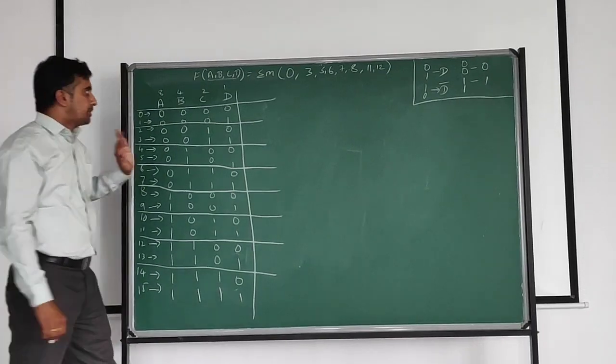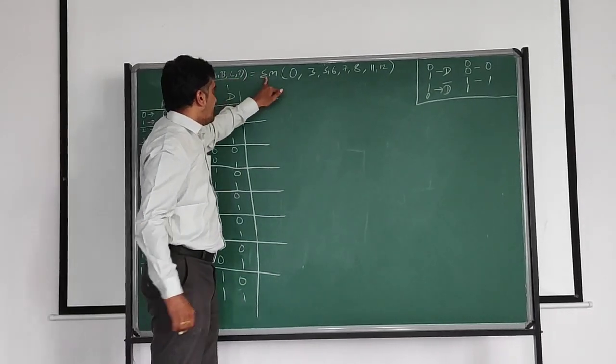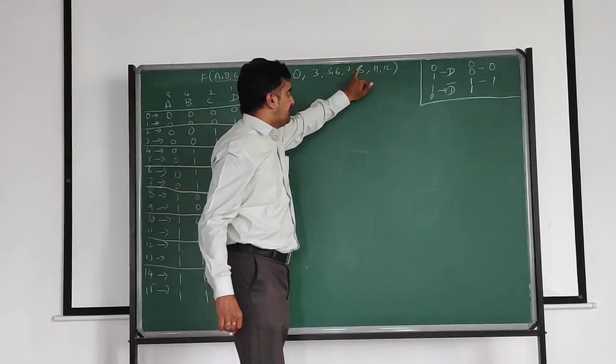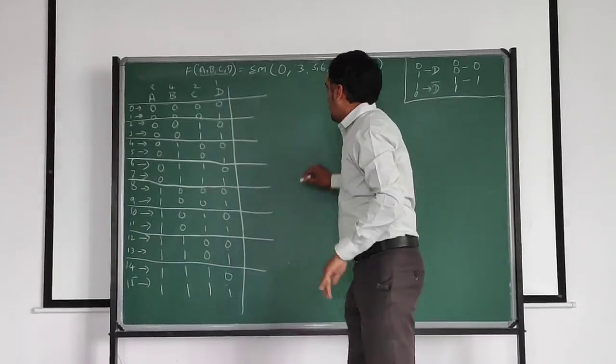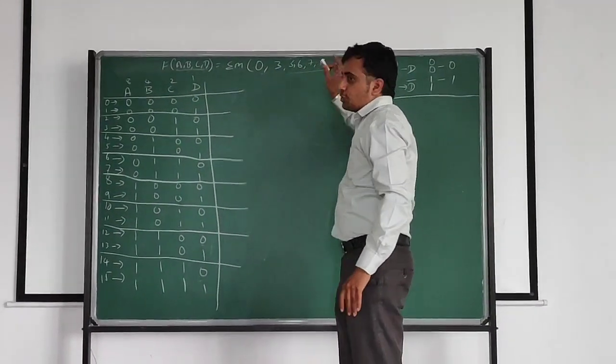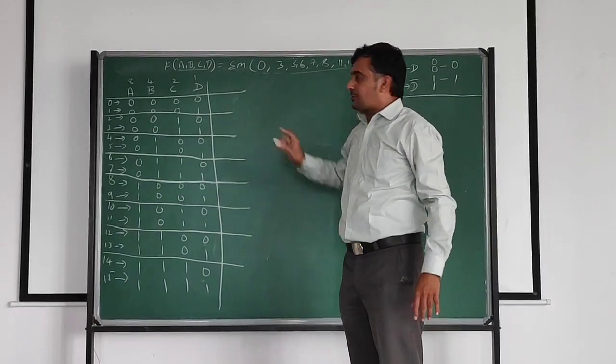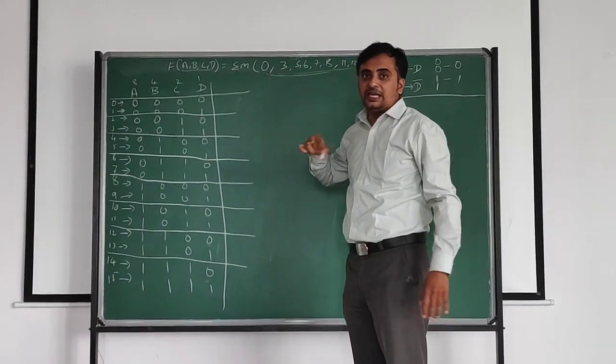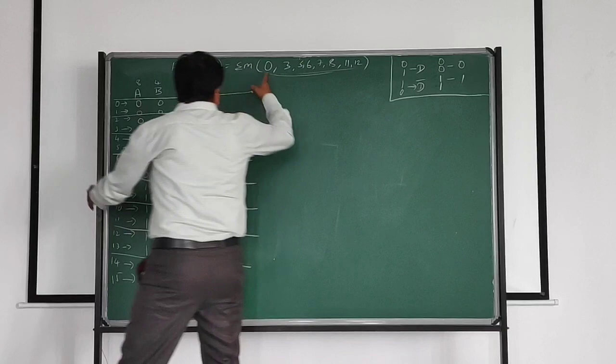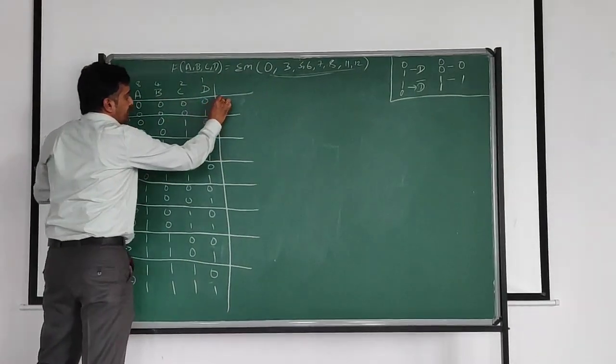Clear? Now this is the expression, summation m of 0, 3, 5, 6, 7, 8, 11, 12. We have to indicate 1 for these values, and the remaining will be 0.